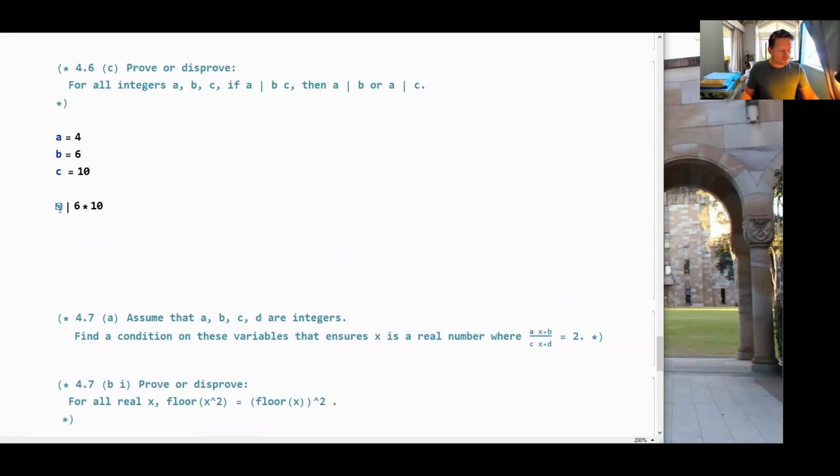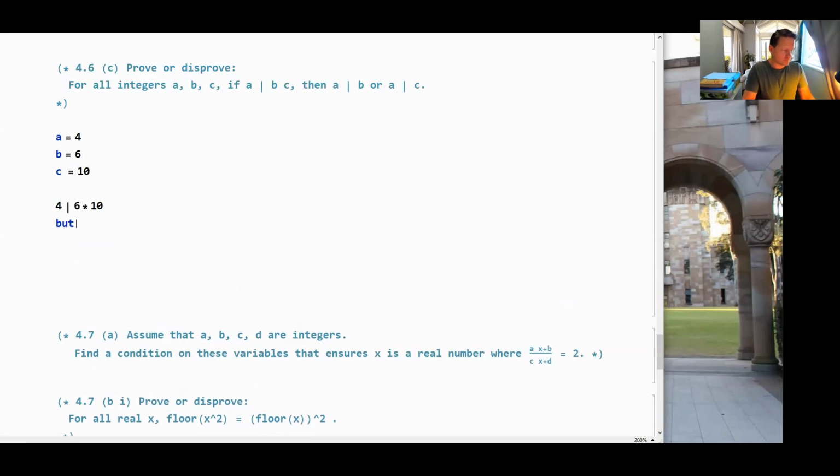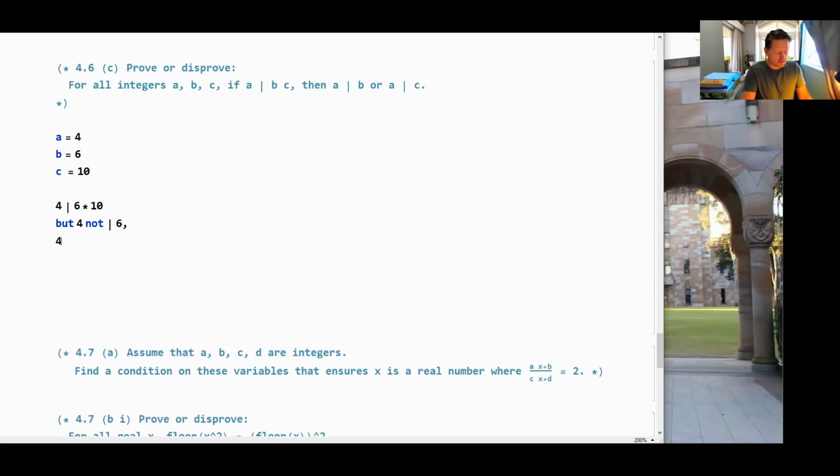So in other words, 4 divides 60, but 4 does not divide 6, and 4 does not divide 10. Okay, so this one's false, and we've given a counterexample. All right, let's continue.